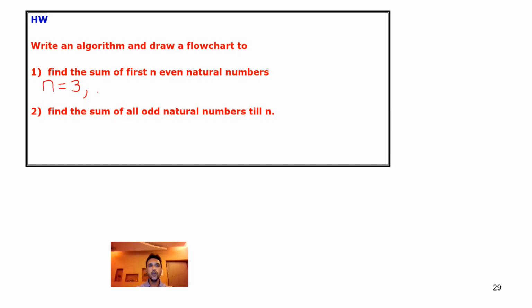Now if n is equal to 3, you are supposed to find the sum of first 3 even natural numbers. So that would be 2 plus 4 plus 6, and that's it. You stop here. I hope you know these are the first 3 even natural numbers. So this is the first algorithm. Any doubts about this one?